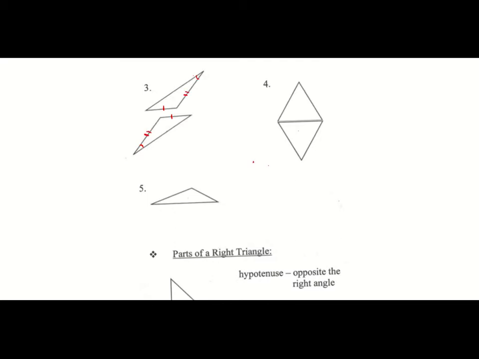So with this information, can we use side angle side? So we have two pairs of sides, which is our first step. Then we're going to look and see where those two sides come together and see if our angle is included in between those two sides. As you can see with those blue lines, our angle is not included. So this one is going to be no.